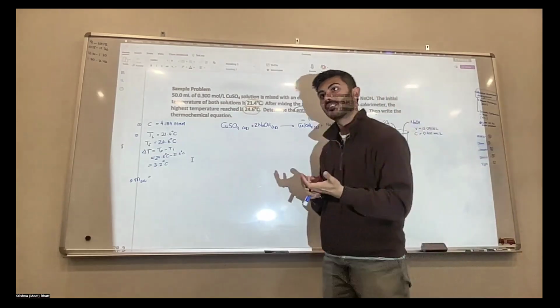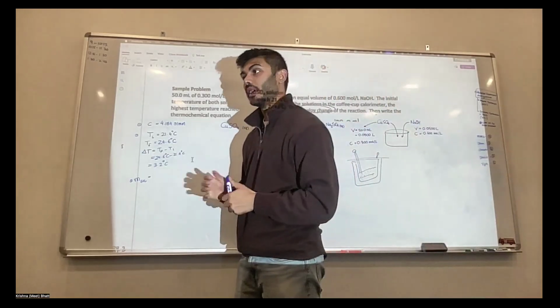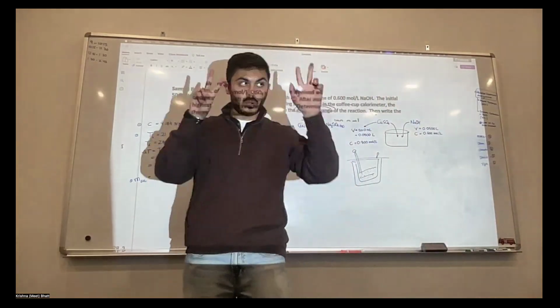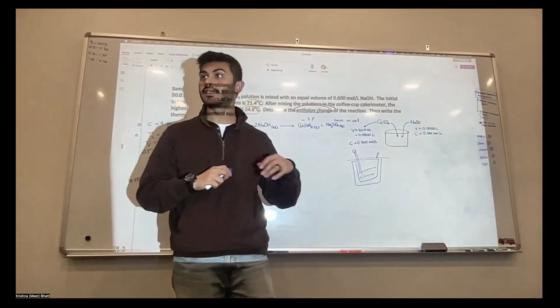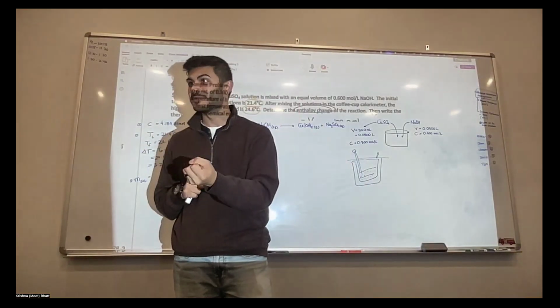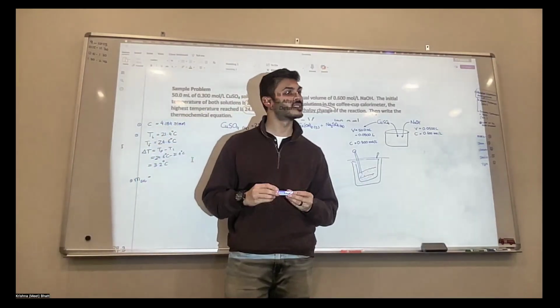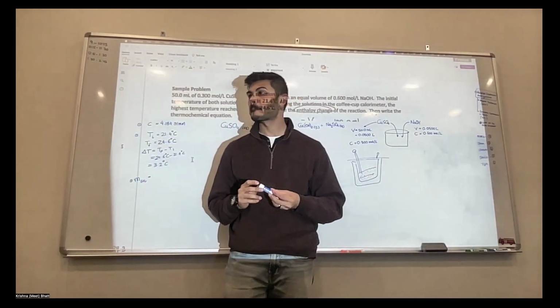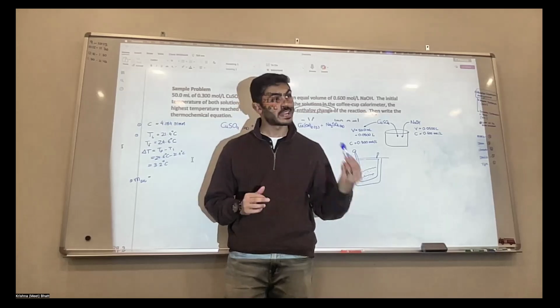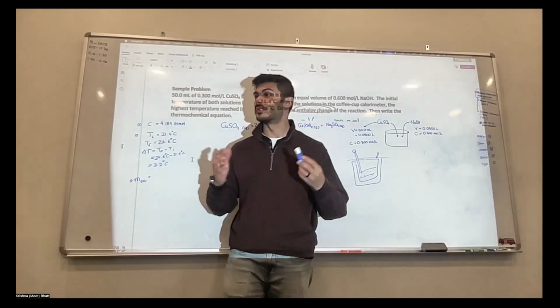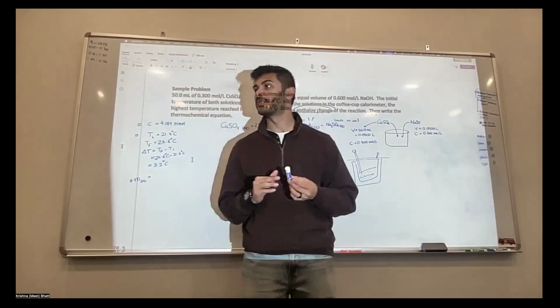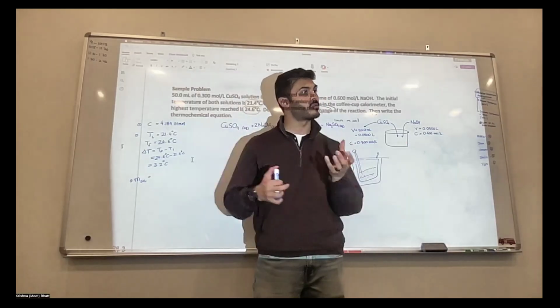It's kind of like water, right? So if I know the volume of water over here is 100 milliliters, what's the mass? 100 grams. How do I know that? Because of density. That's an assumption that we make in calorimetry.